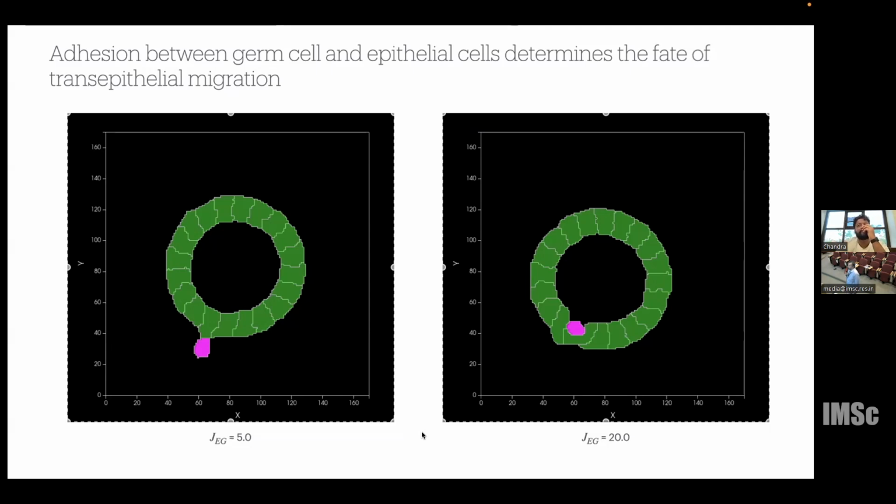This is where you can observe different regimes and different phenomena that you see in the experimental system. Ideally you would like to have a correspondence between the parameters that you use and the biological system, but that's hard, especially in the cellular Potts model. Very often, very tricky.